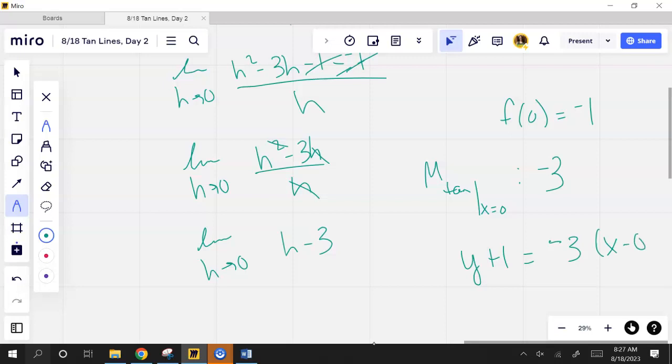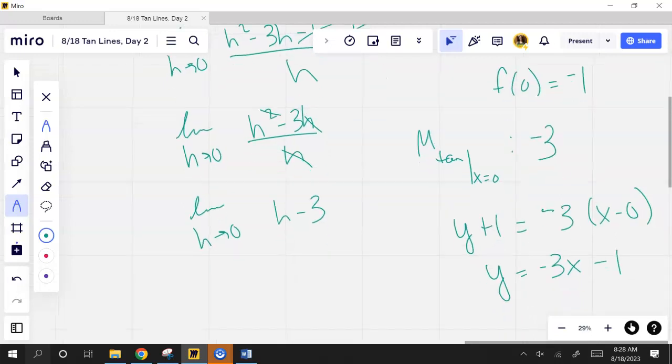Don't lose sight of what it is that I have found, right? This is the equation of the tan line. So whatever this curve is, is this a quadratic? Here's my quadratic, right? I've got this point of tangency, so we'll say that this point is 0, negative 1. The line that goes through here, the slope of that line, nope.